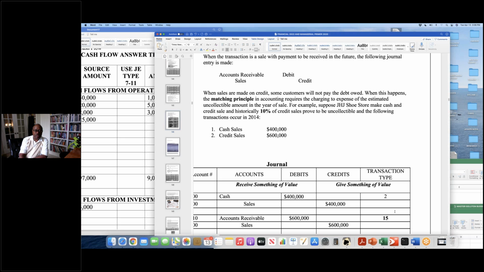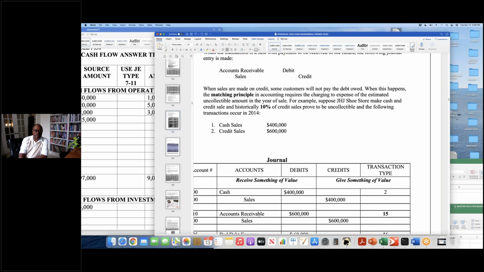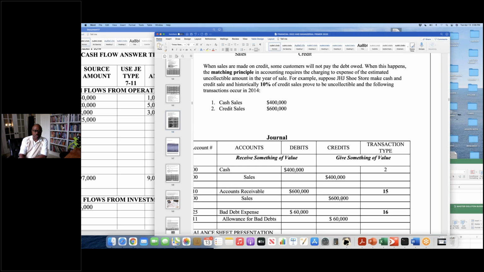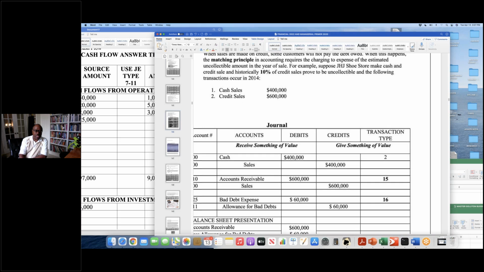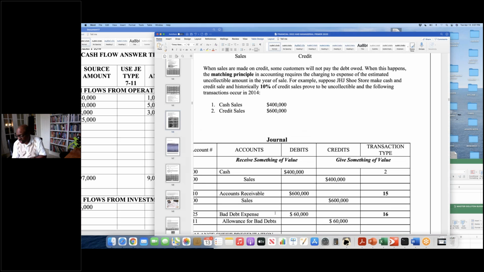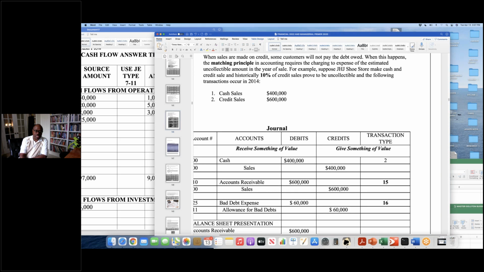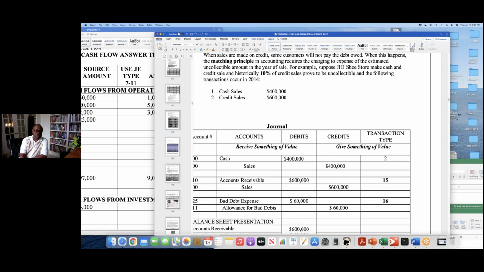Then the credit sales, type 15, debit accounts receivable and credit sales. But we know from history, 10% of the people are not going to pay. So we just take 10% of the credit sales, debit bad debt expense, credit allowance for bad debts. That was the adjusting entry that some of you had on your study problems. So all you do is take 10% of the sales, no big deal.